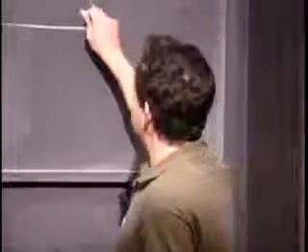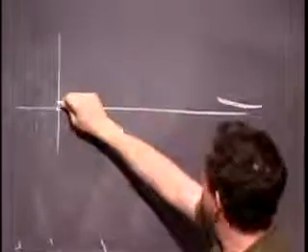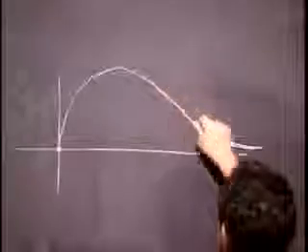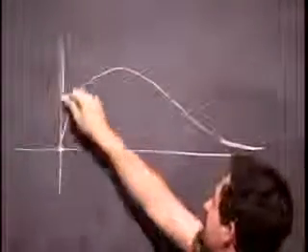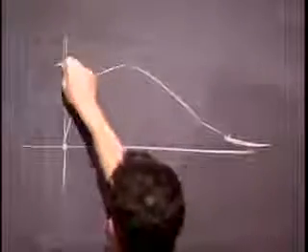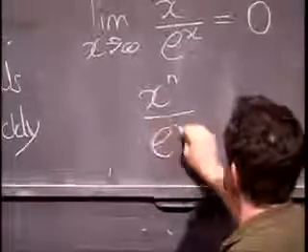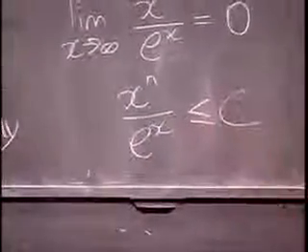Now, the point is that this function has to do this. I don't know what it does exactly. It can't get too high, though. It's got to go up and then down because of this. So there's some c that it's less than. So x to the n over e to the x has to be less than or equal to a c.